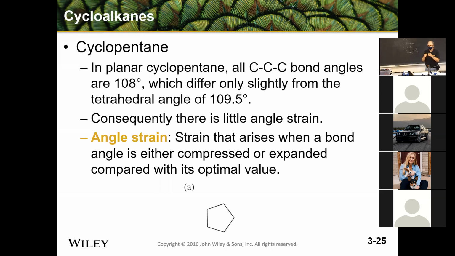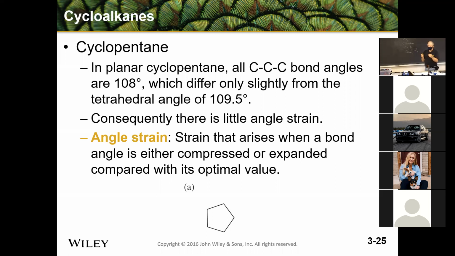But there's nothing that says that all 5 of these carbons have to be in the same plane. There's not a lot of angle strain, but there is, what kind of strain is this when these hydrogens are eclipsed? Torsional. So there's some torsional strain going on here.